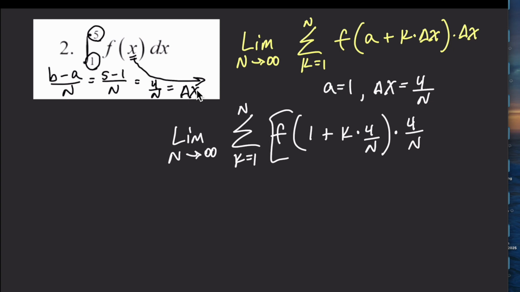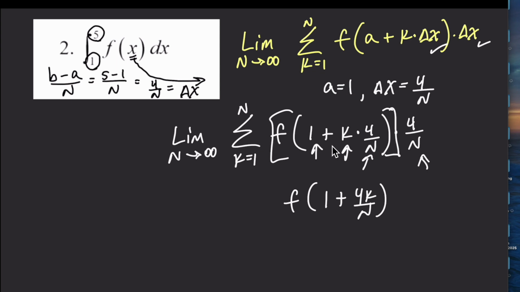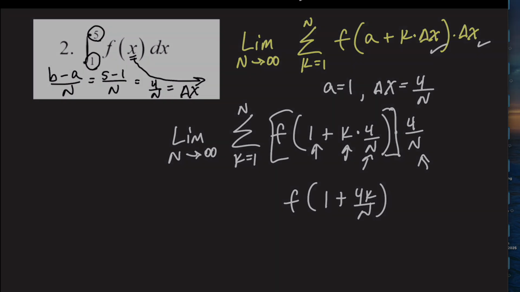And this goes in its separate bracket. That's our delta x shown here. The k is there, and that is our a value. And sometimes you'll see this very simple simplification, changing this to 4k over n within the parentheses.